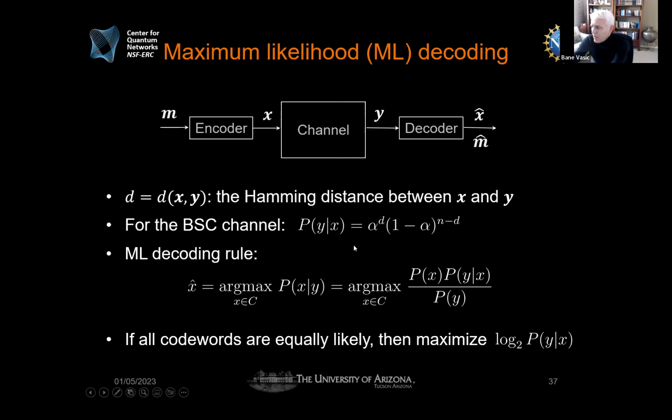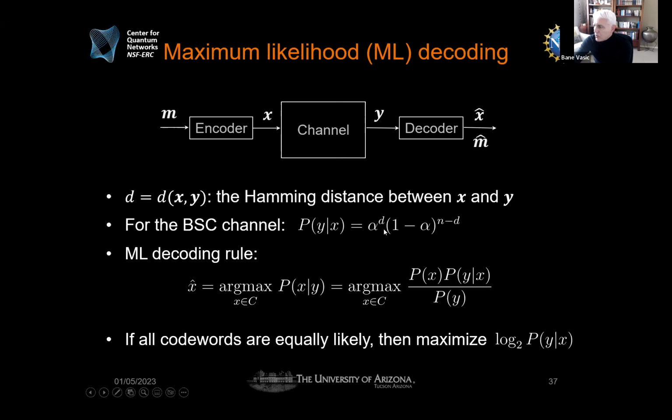So you see now, in order to find X, we have to maximize this, but you see that this P of Y doesn't depend on X. And if the code words X are all equally likely, then maximization needs to be performed only on this conditional probability. Therefore, I can use some monotonic function, and I can try to maximize log 2 of this conditional probability.